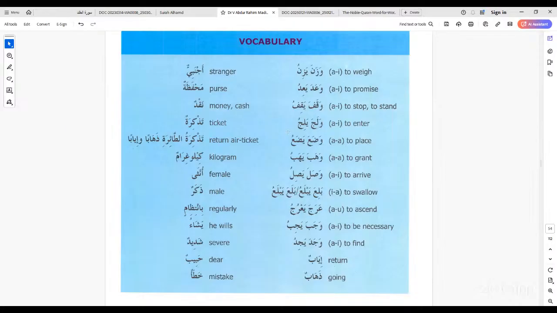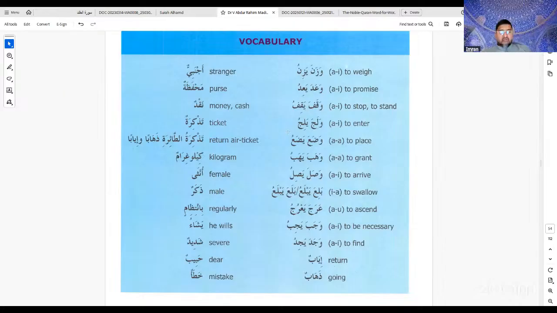Kilogram is kilogram. Untha, female. Dhakar, male. Bintizamin, regularly. Yasha'u, he wills. Shadidun, severe. Habibun, dear. Khata'un, mistake. Excellent. Okay. This is difficult, Sheikh.